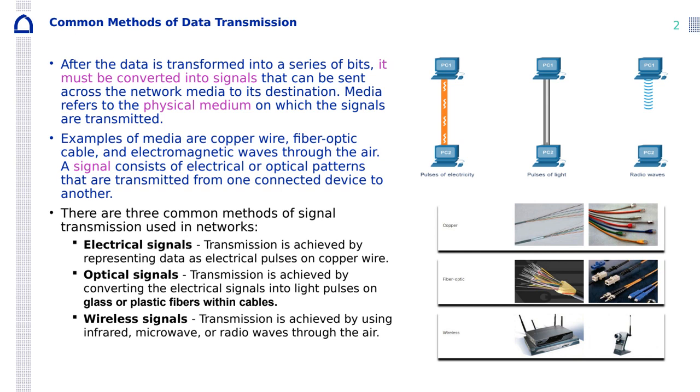Electric signal is achieved by representing data as electrical pulses, voltage. So here, if we look here, that's why I prefer you use your PowerPoint. We have here the three methods. All right. This is wireless, fiber, and copper.